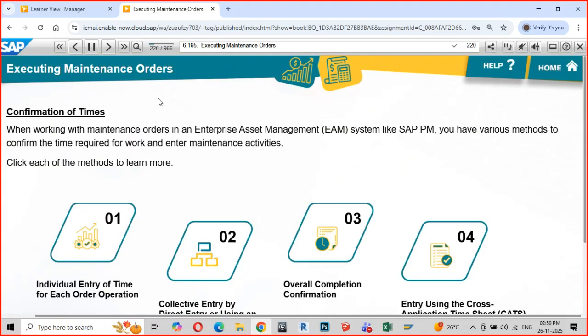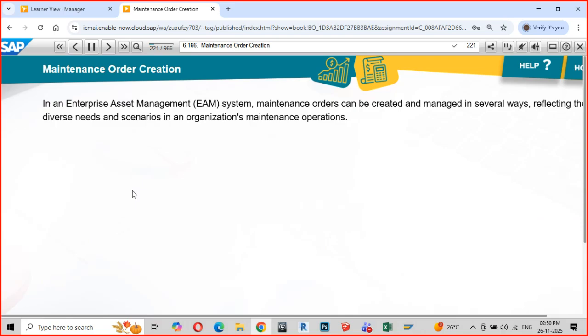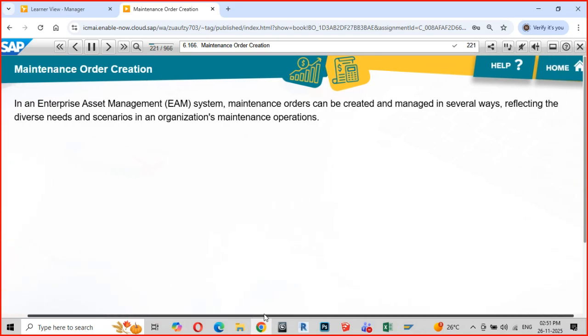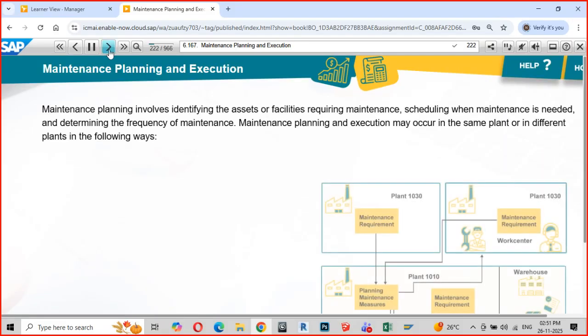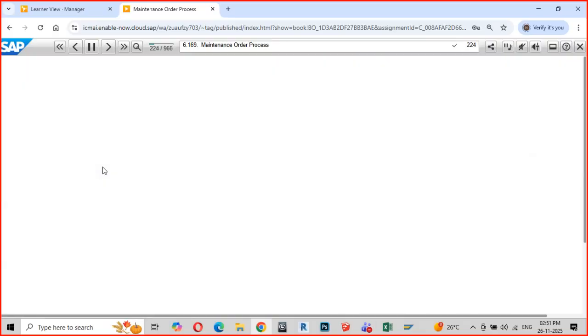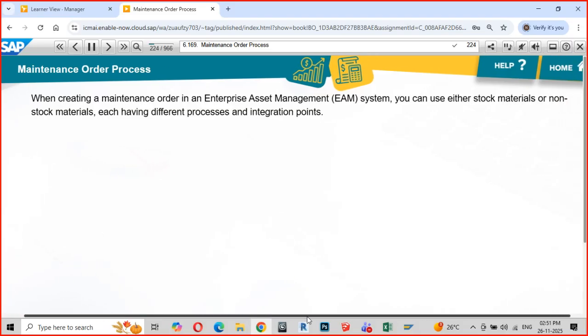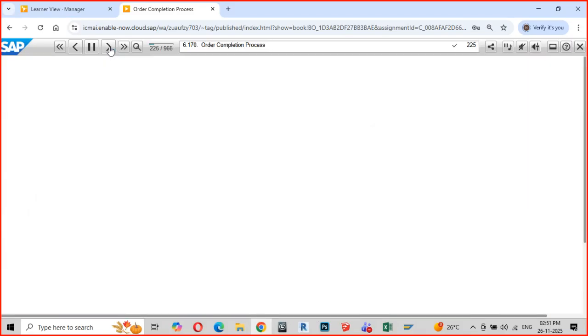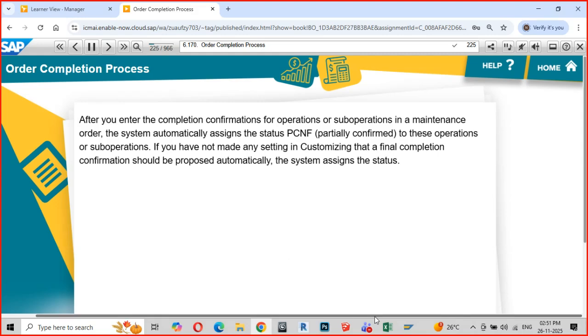All right. Now, maintenance order creation, your plant maintenance module, right? All for you to read. Did we read this or did we understand this from a different perspective?